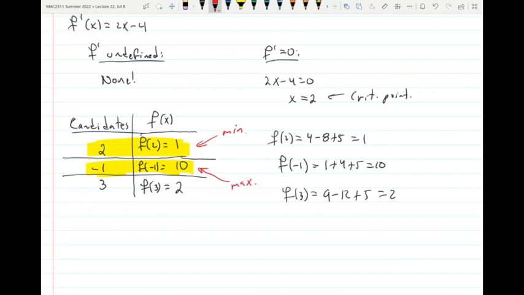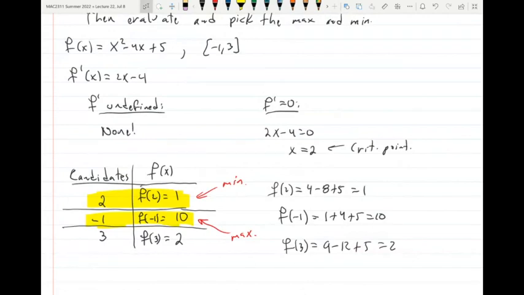This is how we find maximums and minimums on a closed interval for a continuous function. Find your candidates, which are the critical numbers and the endpoints of the interval. Then plug each of those points into the function, and the highest output is your maximum. The lowest output is your minimum.